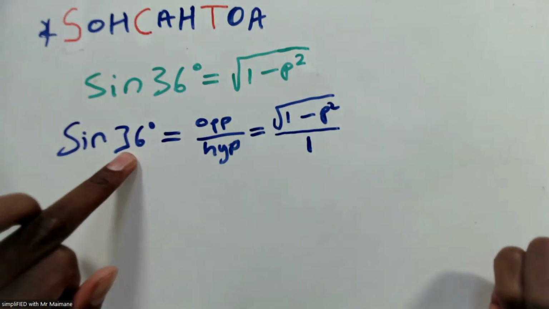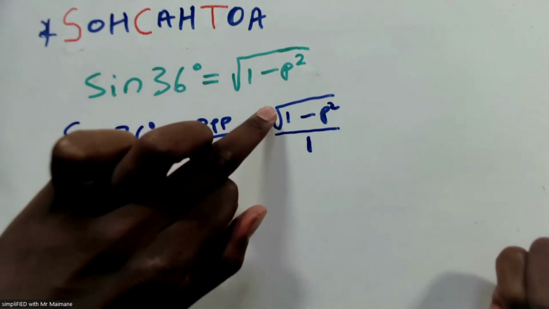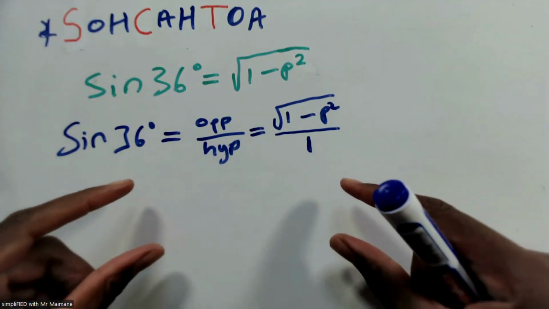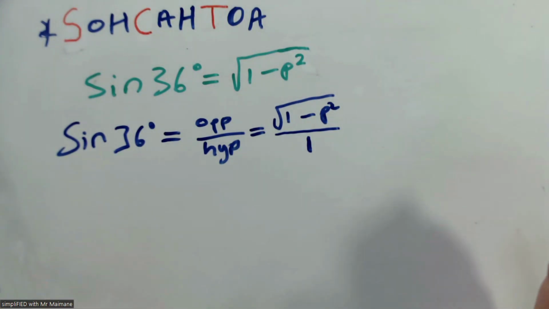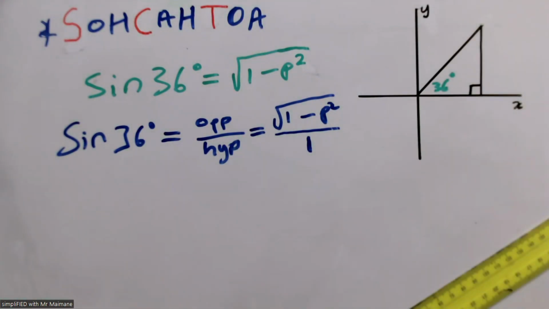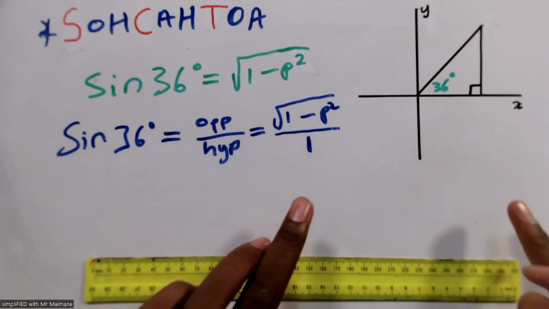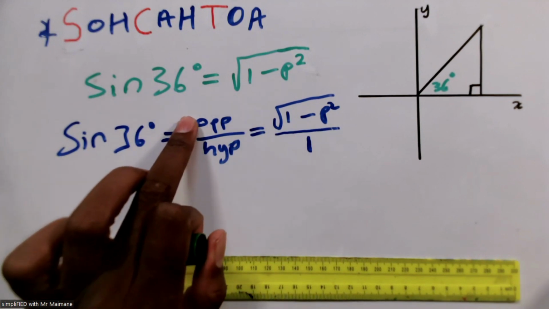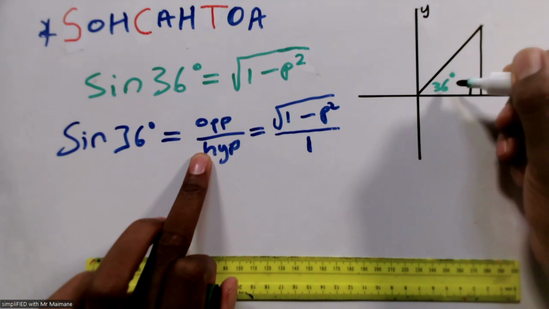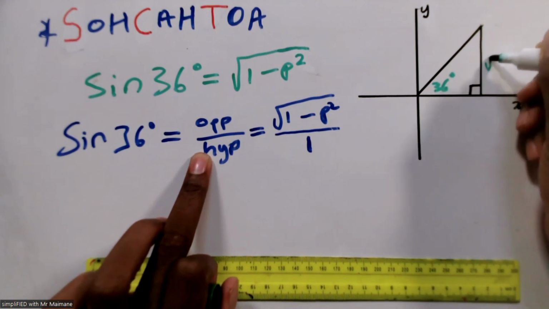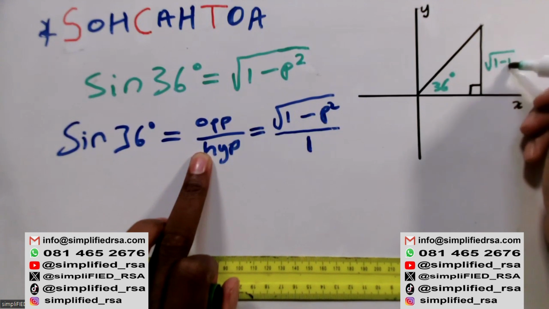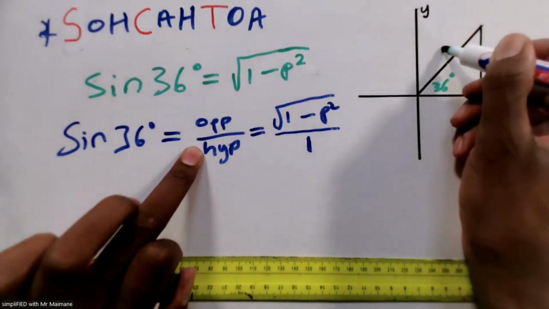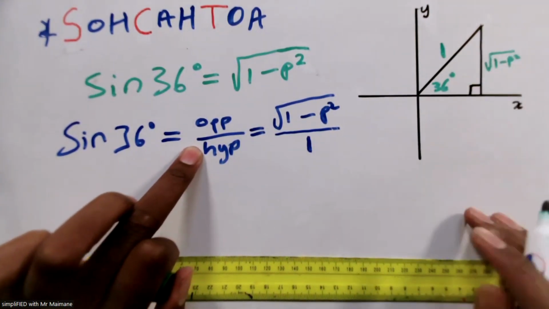Now let's construct this like a Pythagoras triangle so it can make sense. From 36 degrees, the opposite side is the square root of 1 minus p squared, and the hypotenuse is 1.